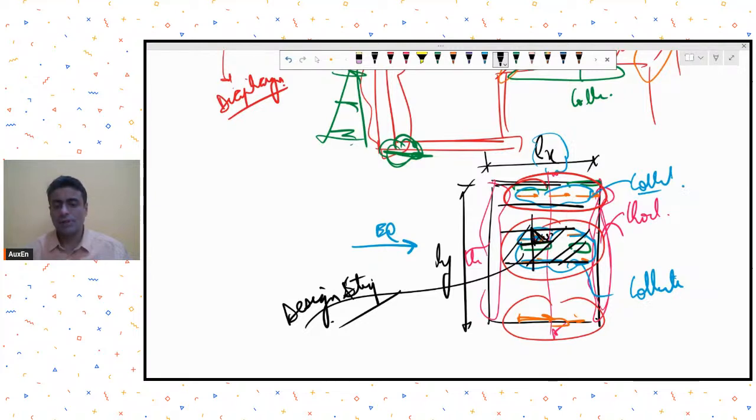So you construct a 45-degree angle, and accordingly you will get this width of the design strip, which you can assume to be effective as a collector element. Once you have that design strip made in ETABS or SAFE, your software will do the integration of forces on its own, and then you can use those forces for design.